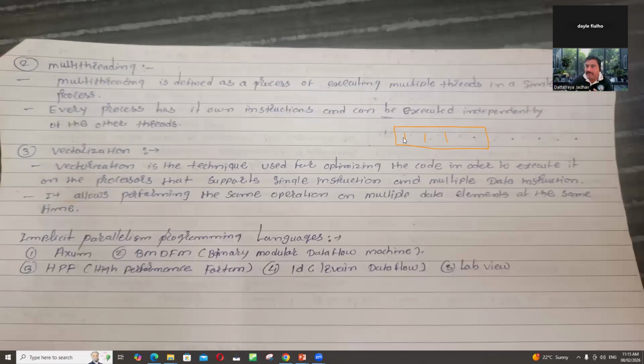Suppose thread one is an addition of 10 numbers, and this one also has an addition of 10 numbers, and this also an addition of 10 numbers. Suppose each has an addition of a few numbers.